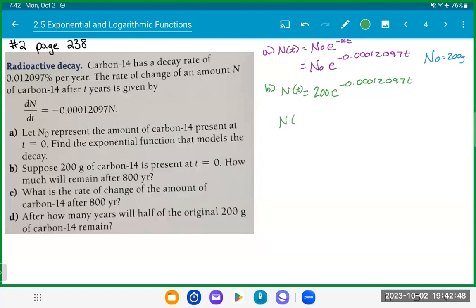So now we're looking at N of 800. That's going to be 200 e to the negative 0.00012097 times 800. Okay. This is going to give me about 181.55186, or approximately 182 grams. So after 800 years, I've only decayed 18 grams of that 200. That shows you just how long it takes carbon-14 to decay.